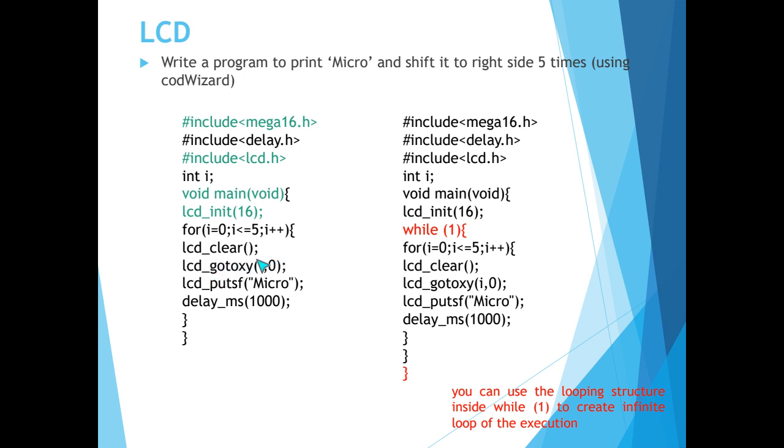Then lcd_gotoxy is setting the cursor of the LCD. I talked about it in a previous session, but here the number of the column is changing between 0 till 5. Then instead of the number of the column for setting the cursor place or location, we wrote i and 0. 0 is related to which argument?